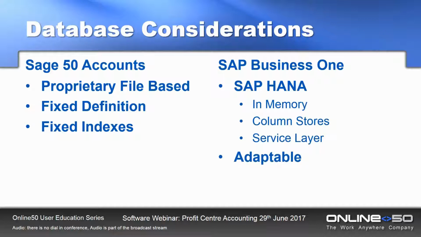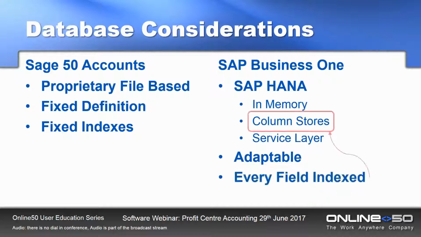It is adaptable. Users can easily create their own fields to add to most of the records in the database. That gives you additional information you can store that's pertinent to your business that would not be in a standard system. And crucially, for the type of work we want to do with profit center accounting, effectively every field in the database is indexed because of this issue with the column stores.